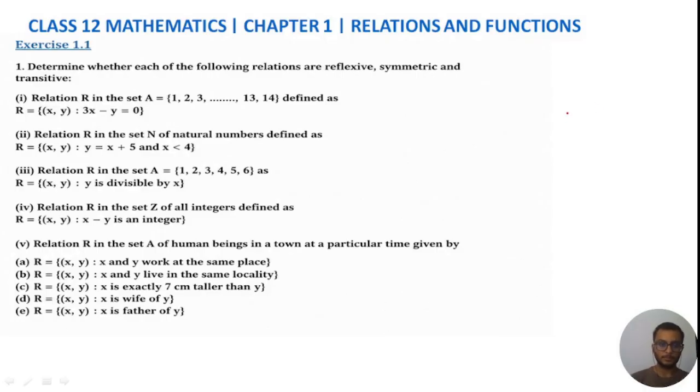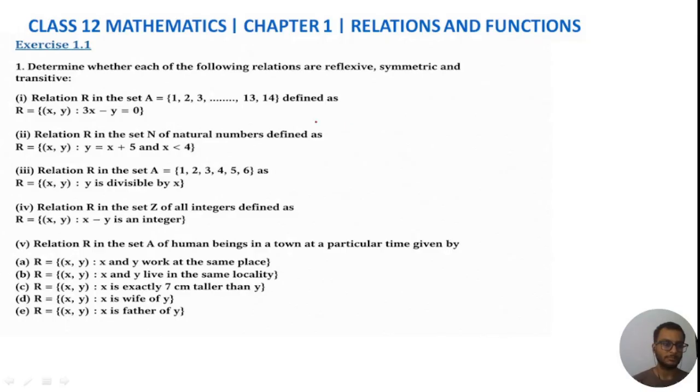This type of question is also asked a lot in exams, like in boards they used to ask whether a relation is equivalence or not, whether a relation is reflexive, symmetric or transitive or not. For equivalence, we say a relation is equivalence when it is reflexive, symmetric and transitive. So we need to identify the properties of reflexive, symmetric and transitive.